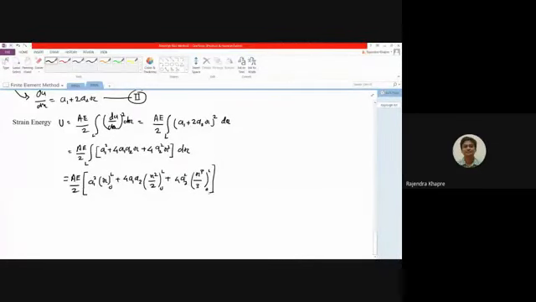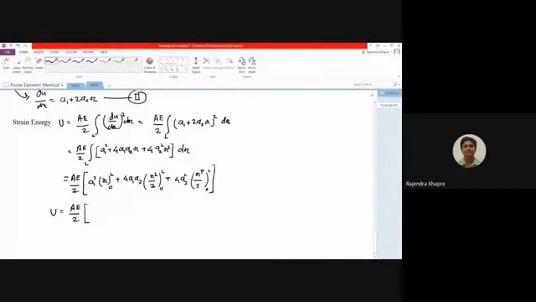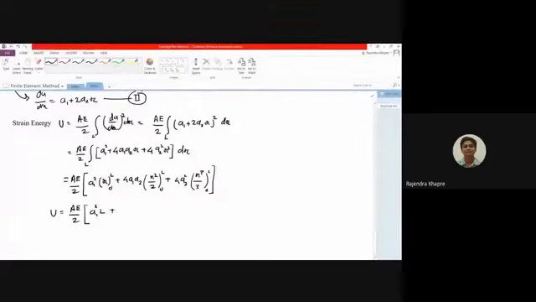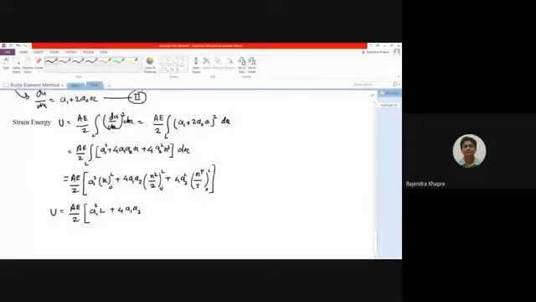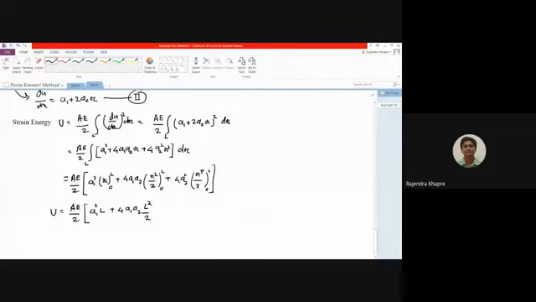Okay, so if you solve this entire term, your strain energy equation is going to become AE divided by 2, and this will be a1 squared into L plus 4 times a1 a2 into L to the power 2 divided by 2. Okay, so this 2 and this 2 will cancel, some portion will be gone over here.